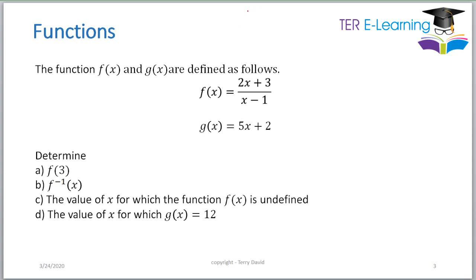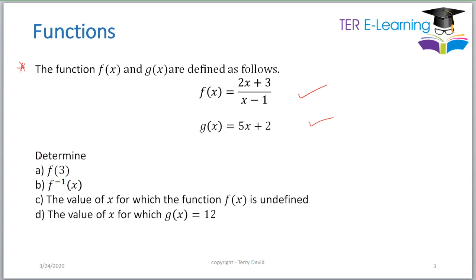We looked at various types of mappings, simple functions, and composite functions. Today I wanted to look at finding the inverse of a particular type of function. So let's look at this question. We have two functions, f of x and g of x, defined as follows. f of x is equal to 2x plus 3 over x minus 1, and g of x is equal to 5x plus 2.